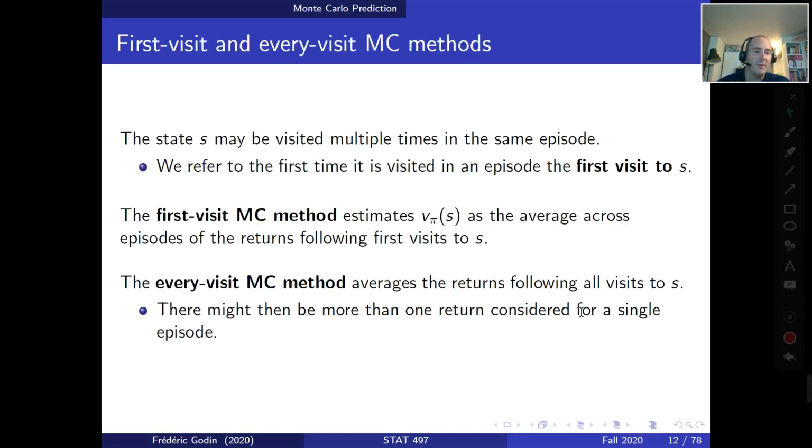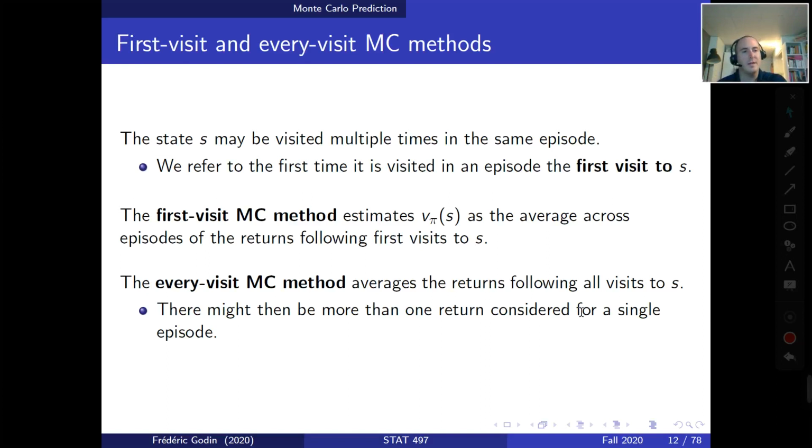For example, if your state sequence is 1, 2, 3, 1, 3, then state 1 and state 3 were visited twice. So when there are multiple visits to a state s, we refer to the first visit as being the first time s is encountered in a given generated path.